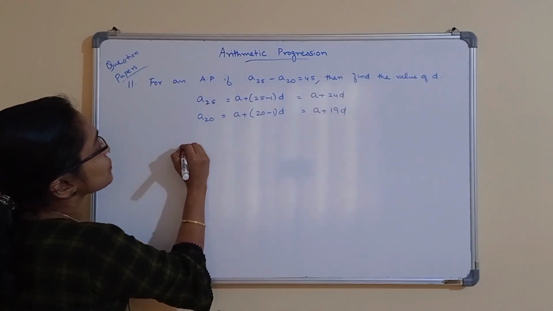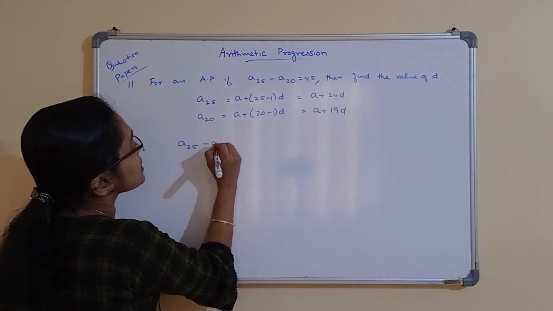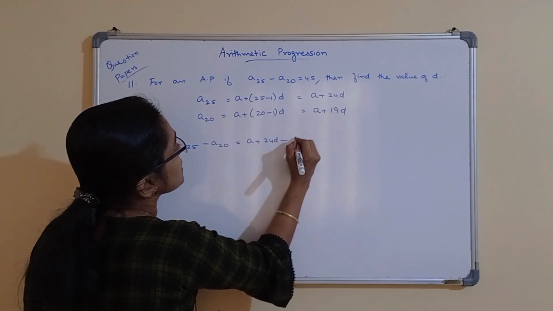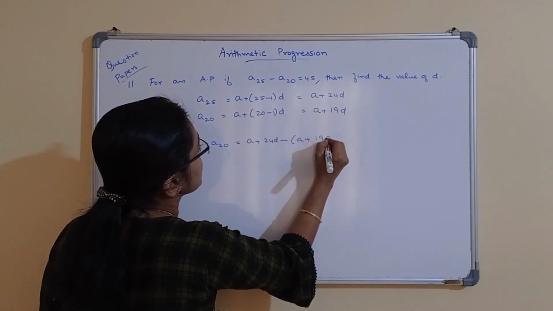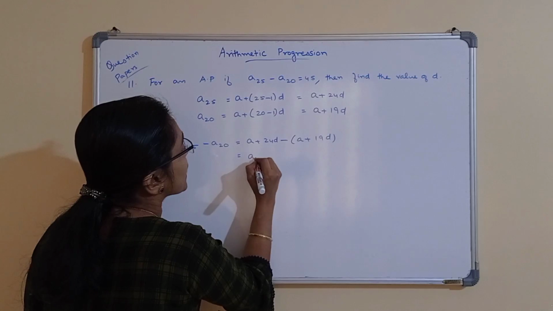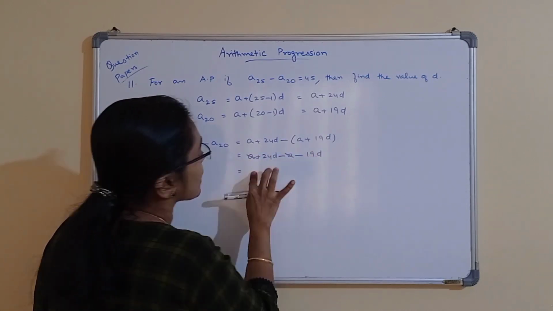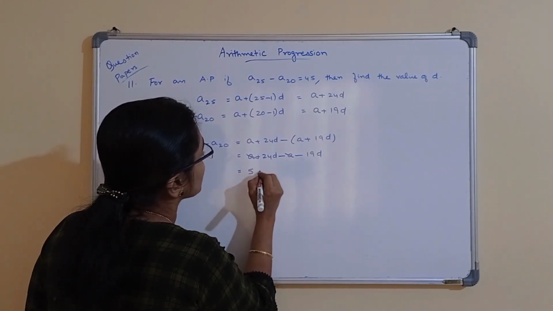So A25 minus A20 is equal to A plus 24D minus A minus 19D, and that is equal to 5D.